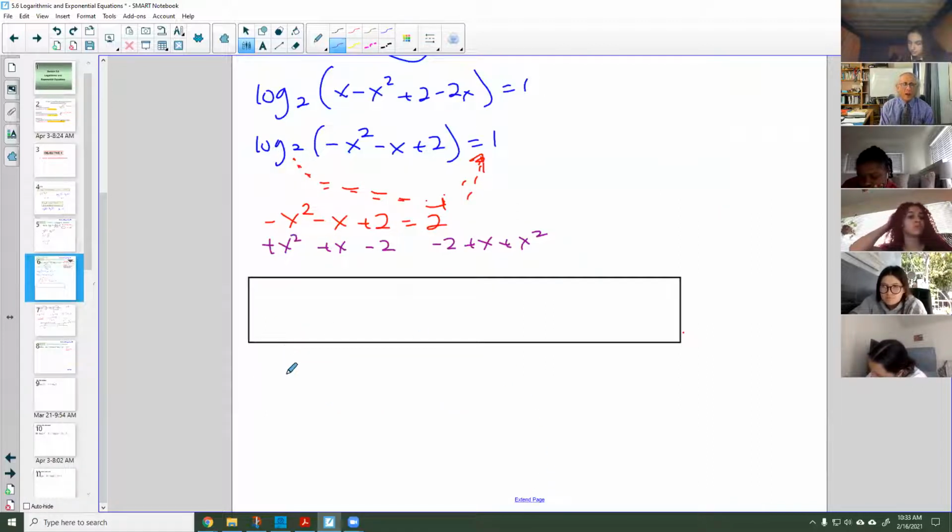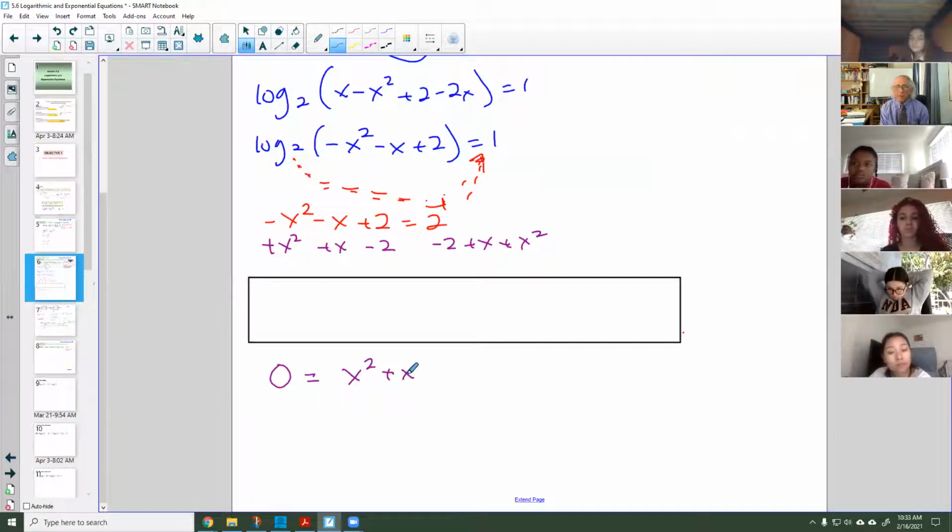And now I have 0 on this side. And on the right side, I have simply x squared plus x. Are we okay with that?